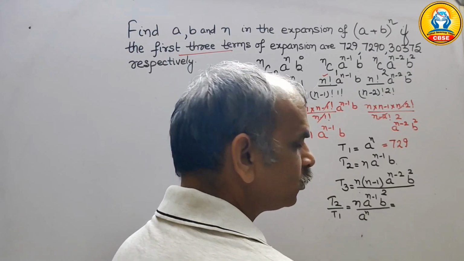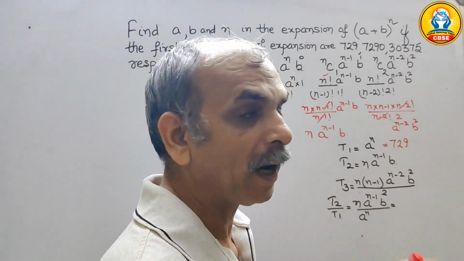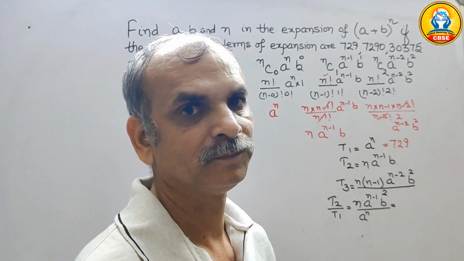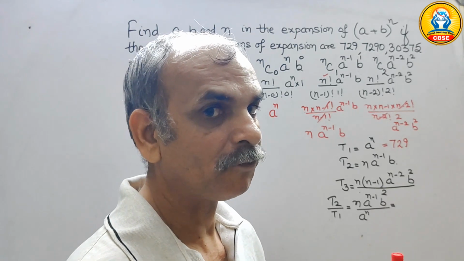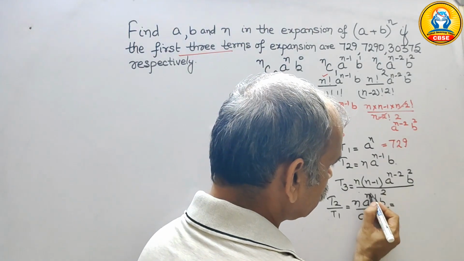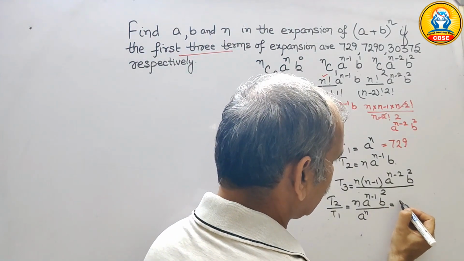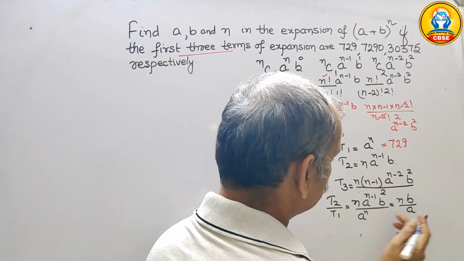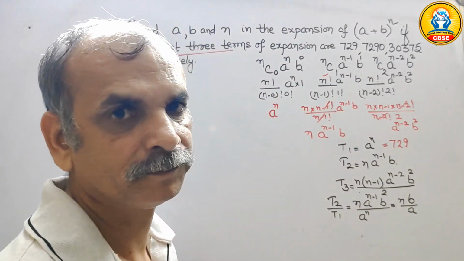Now here you can see the power is minus 1, that means a will come down: a to the power of n by a. So here this and this will go out, and you will get n b by a. This is your T2 by T1.